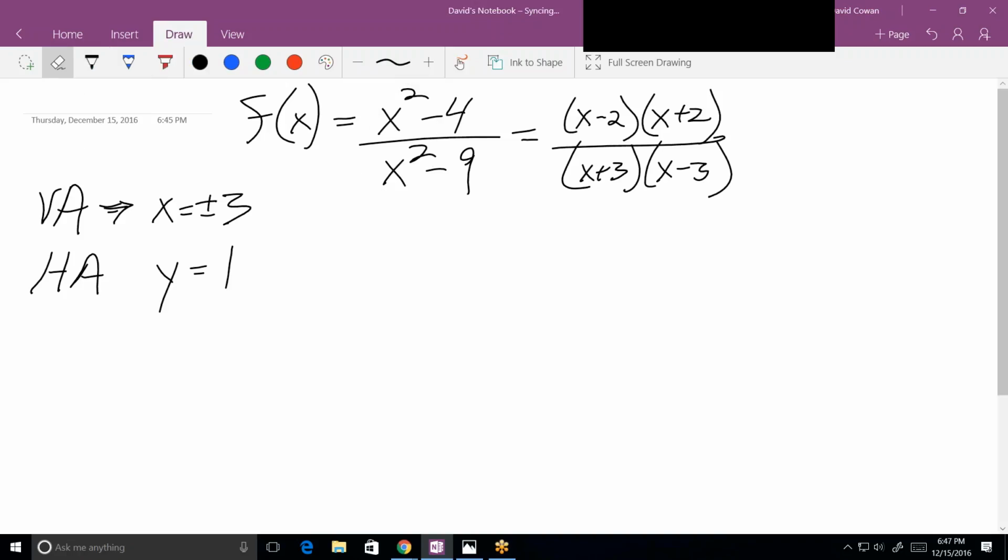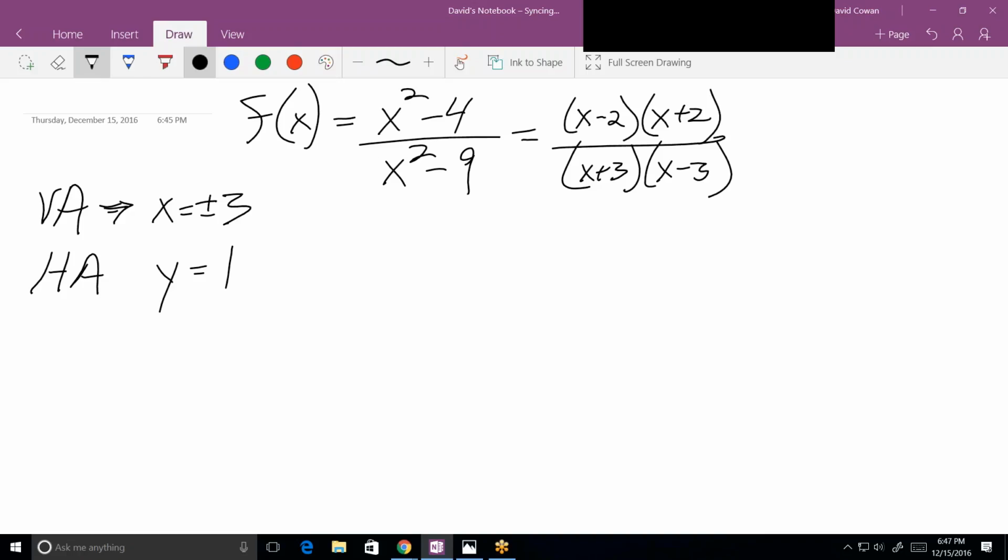So y equals 1 is the horizontal asymptote for this function. If this was a 2 and that was a 3, well then y equals 2/3 would be the horizontal asymptote. Only if they're the same degree. There's basically three situations. Maybe now is a good time to cover them. There's this situation where the degree is the same.